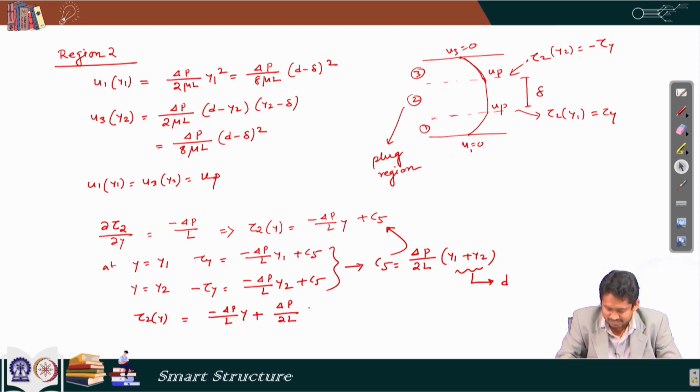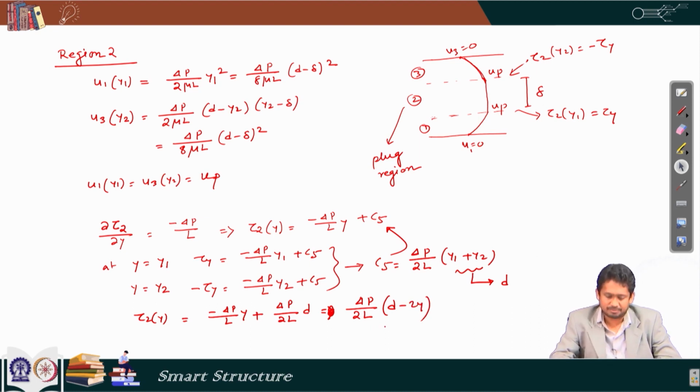If we add them, we get d. So, this expression can be written as del p by 2 L into d minus 2 y. That is the expression of shear stress in the plug region.